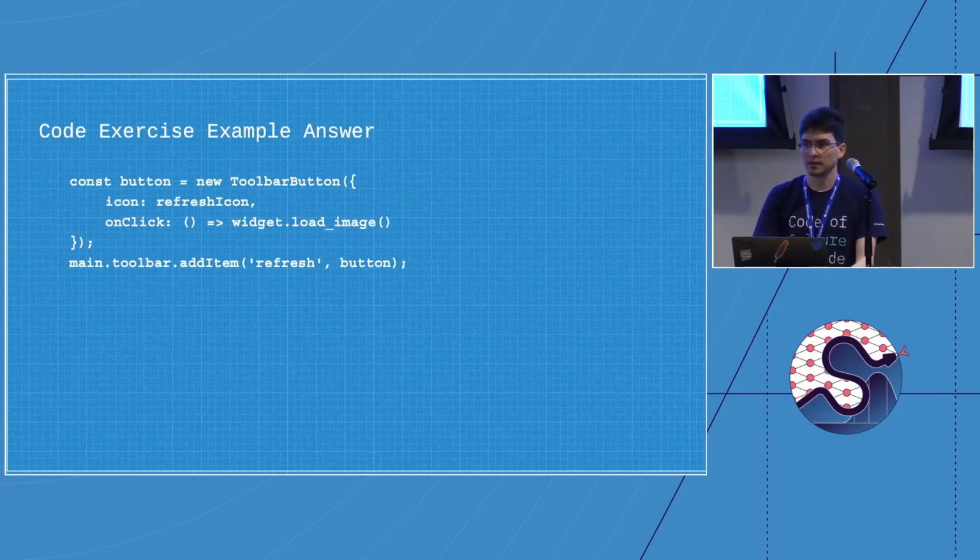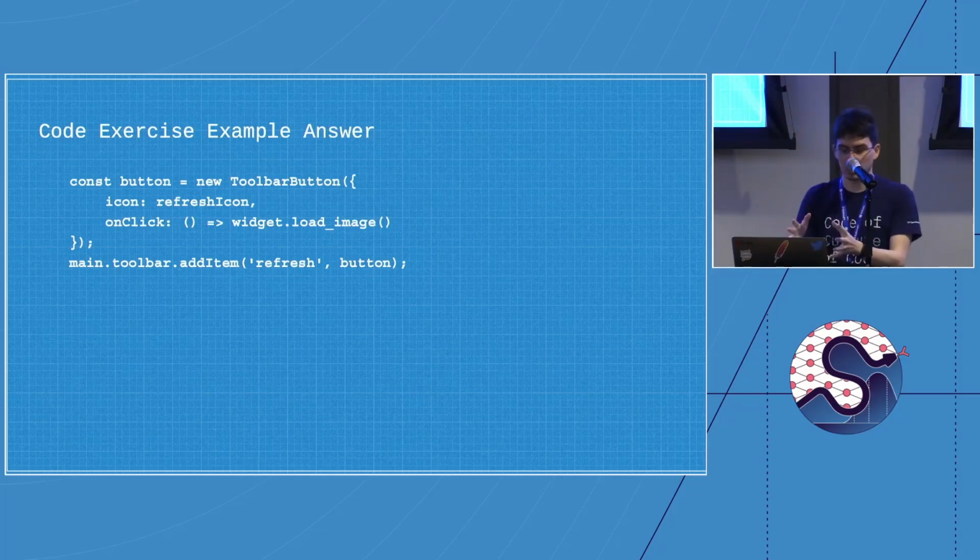So, for instance, if we're using the button that we have now, but rather than tying in that load image, what if we wanted to have that load image called whenever somebody right-clicked on the right toolbar?